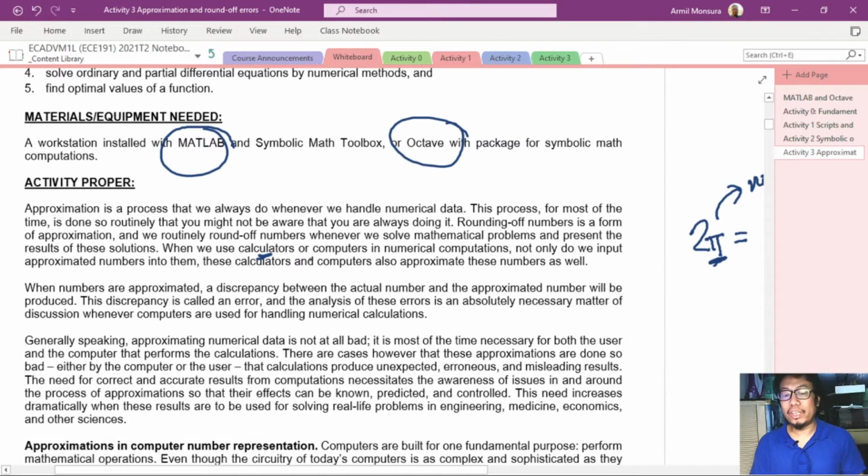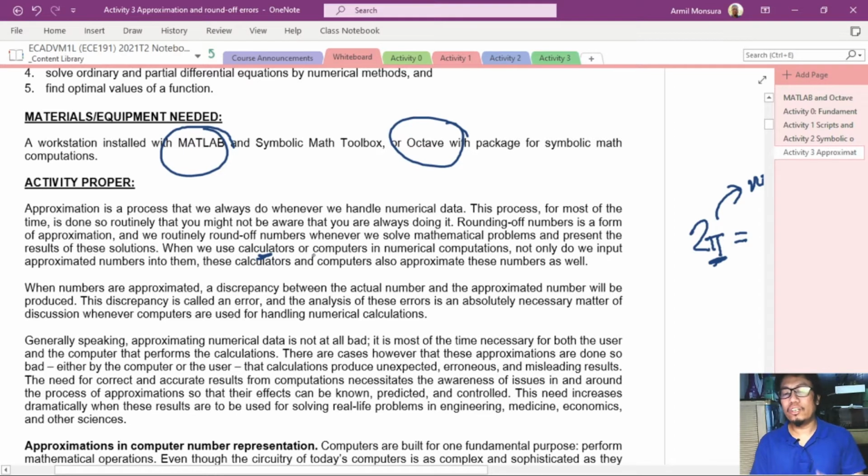When you use calculators, you only use a few number of places or few number of digits to report your answer. Yung sagot ng calculator ninyo, only a few of those digits are used in order that it is reported on your paper, which is where approximation happens.